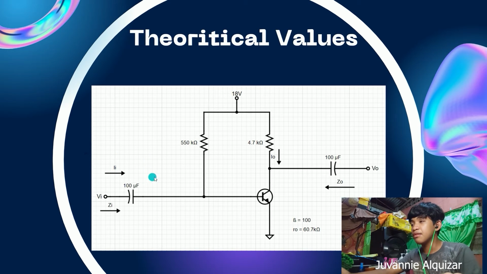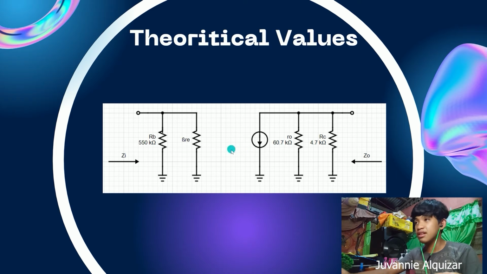As you can see, we have a couple of 100 microfarad capacitors, and then a couple of different valued resistors, the base resistor and the collector resistor, an 18 volt VCC and an NPN BJT. To solve this circuit, we just have to transform it to an AC analysis. To do that, we have to short out these two capacitors, and it should look like this.